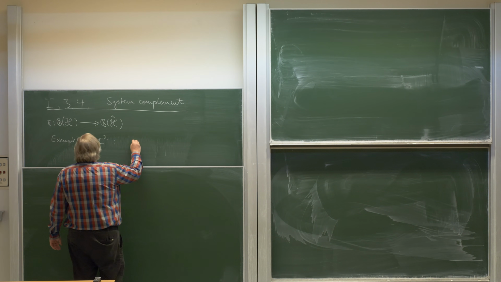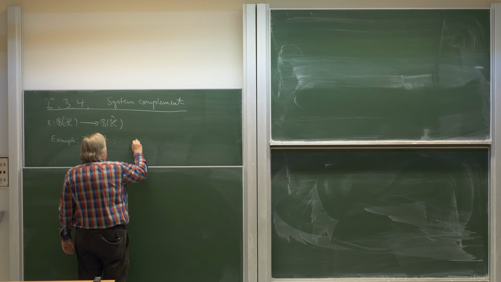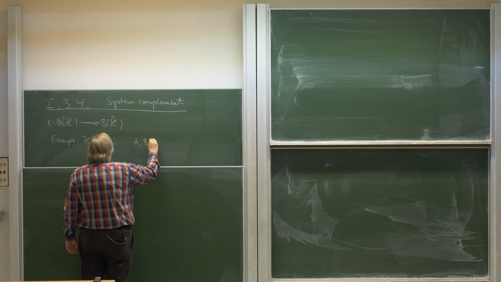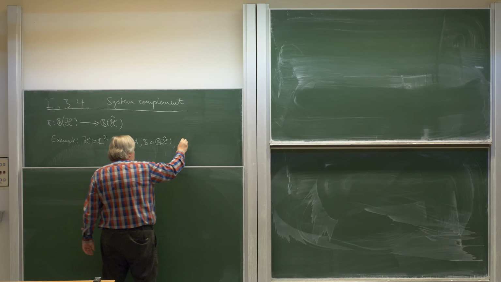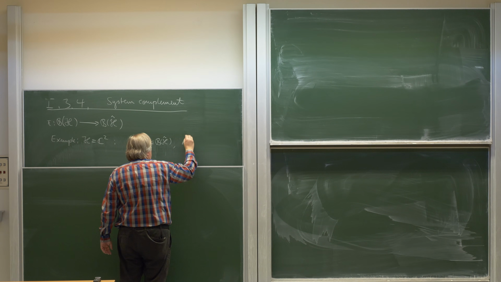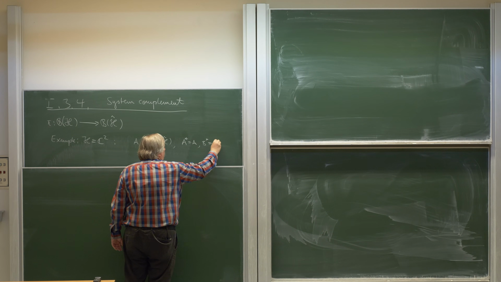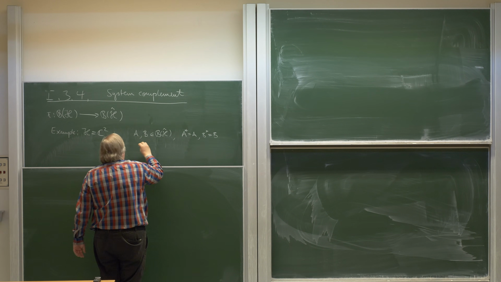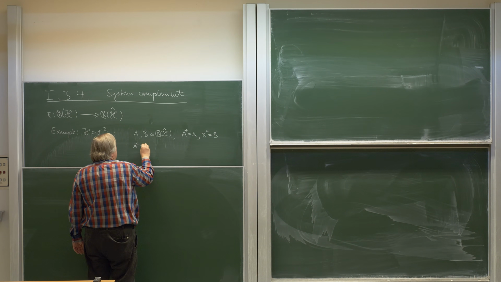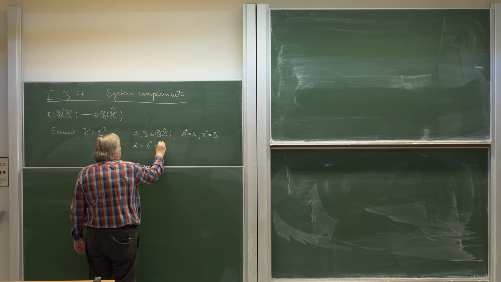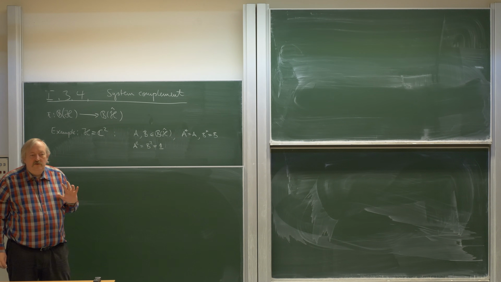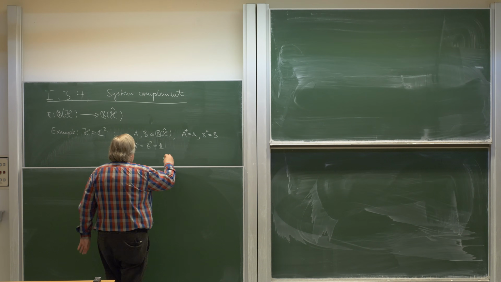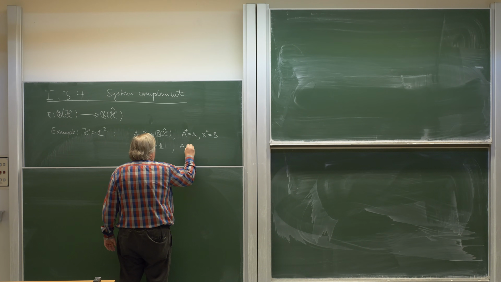For example, there would be operators A and B in B of H hat, and we have that A squared is equal to B squared is equal to 1. So you could think of two two-valued observables.